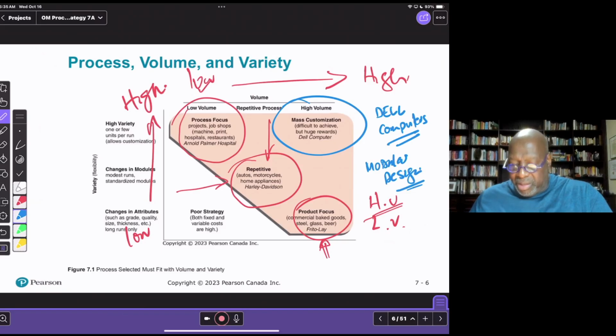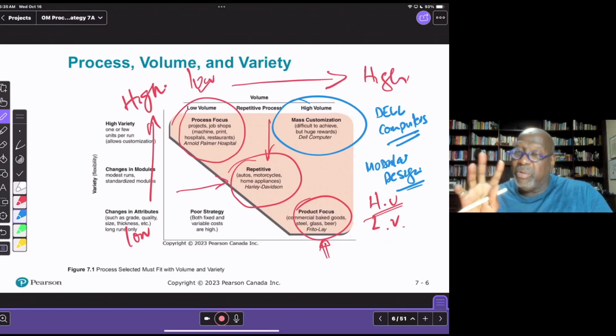So modular design. If you think about computers, for example, if I have a 13-inch computer and all I have to do is change, if it's a 1 terabyte computer, and say I have a particular screen resolution.